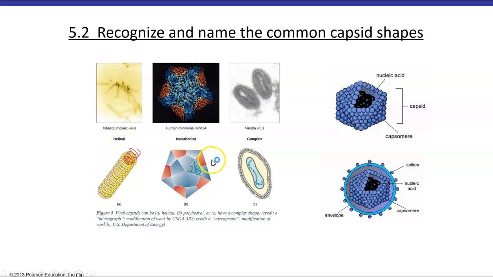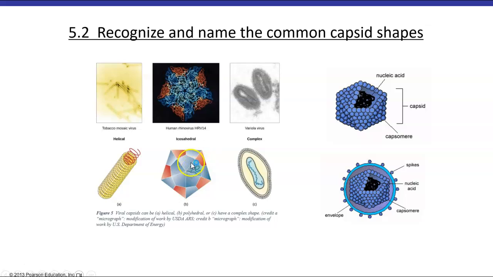Second kind of shape that's really common is icosahedral. I think I have in your notes icosahedral, polyhedral. They mean the same thing. Polyhedral is a three-dimensional shape with many flat sides.